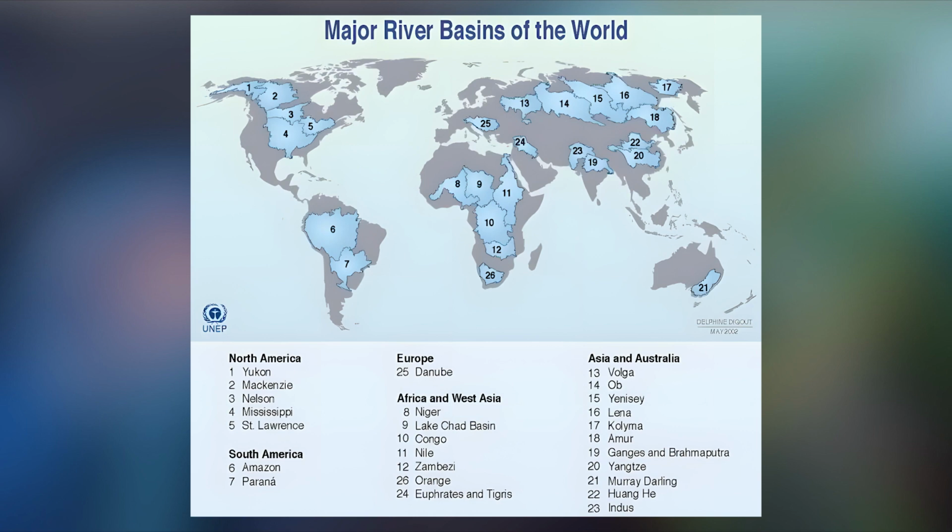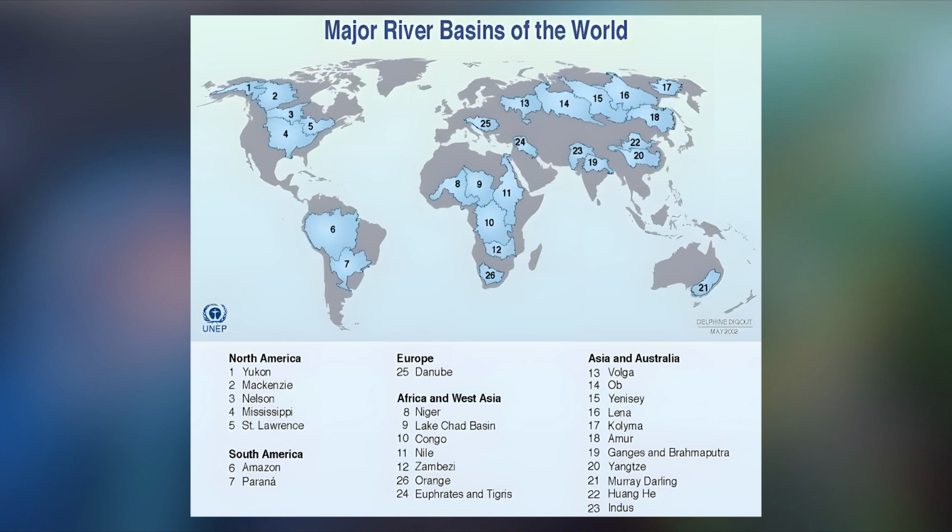Understanding the major river basins of the world is very important to understanding things like ecosystems and animal habitats, but also crop irrigation and patterns of human settlement. All sorts of things are dependent, historically and contemporarily, on river basins.